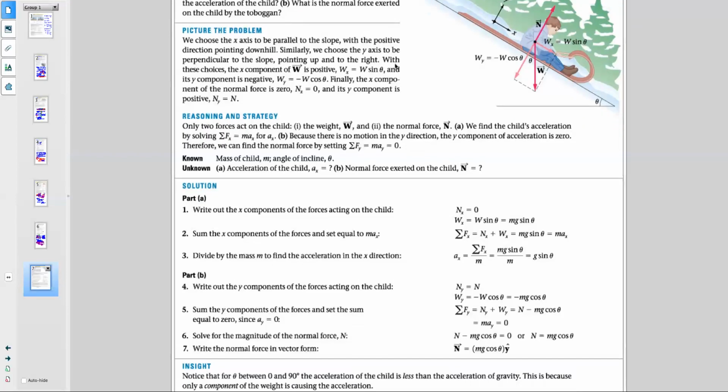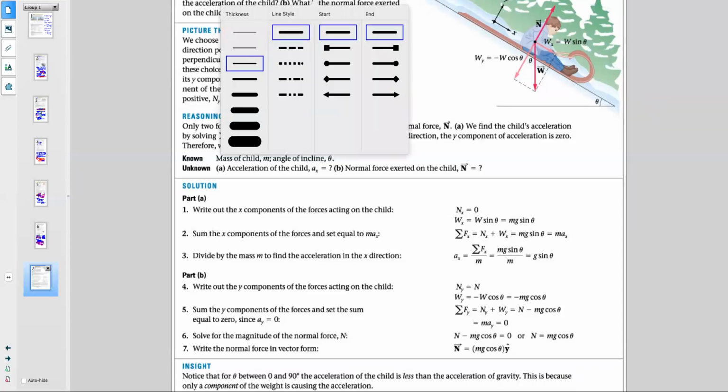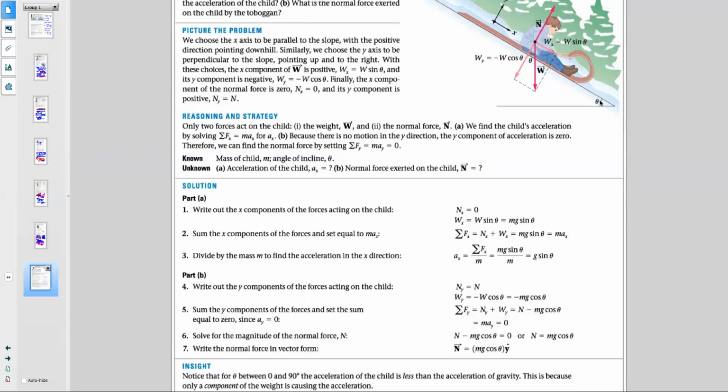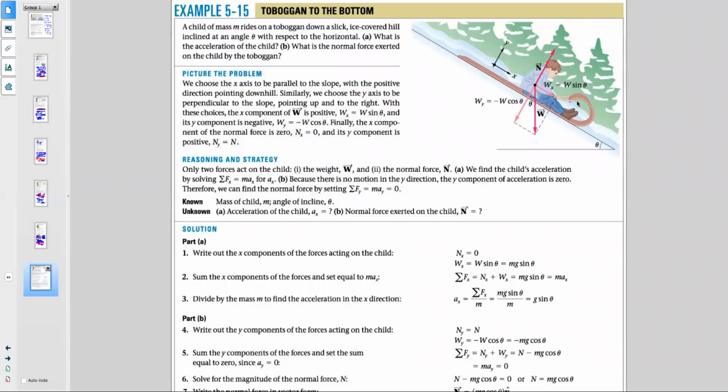So let's take a look. First thing first, we have to write down what we have. So we don't have that theta. All we know is that there is a child sliding down the hill, and has a mass m, okay?